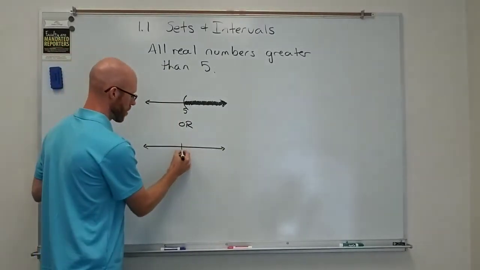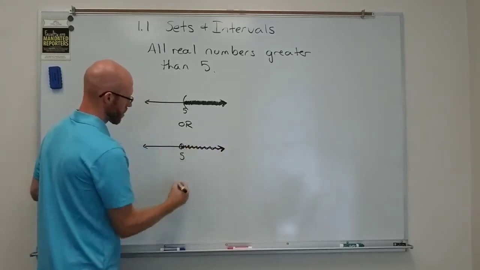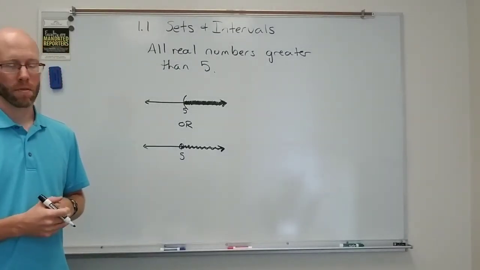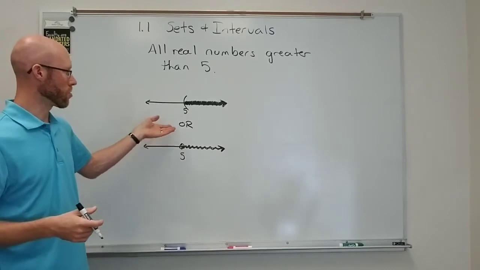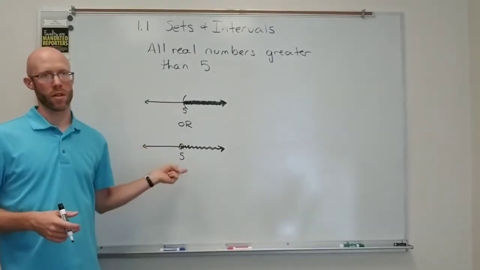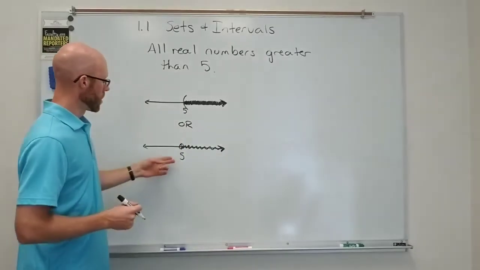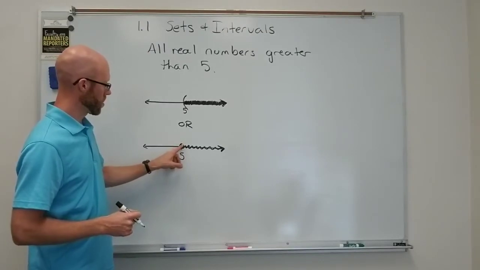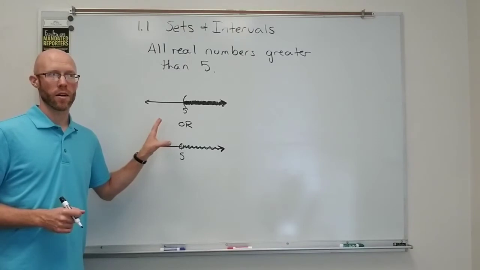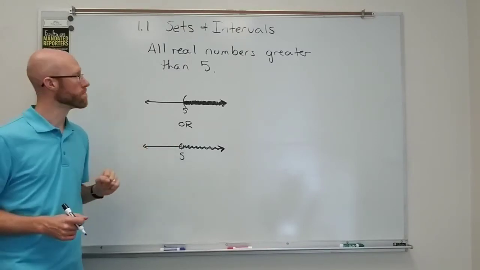Some people would shade it in a little faster and then put an open circle there. That's okay. They mean the same thing, but your textbook and my math lab will be using a parenthesis instead of the open circle. Again, it doesn't matter to me which one you end up using. Okay, so that's the way to represent this on a number line.